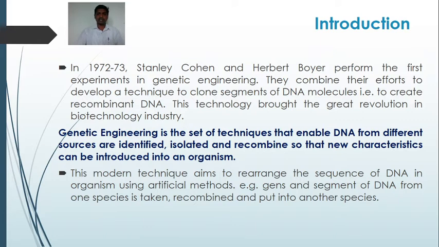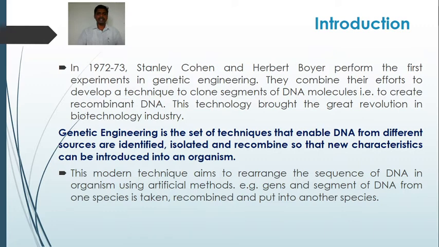Such a foreign gene from a different source gets recombined with the cotton genome to produce recombinant DNA, which the cotton plant carries, so it possesses new characteristics. So genetic engineering is the set of techniques that enable DNA from different sources to be identified, isolated and recombined so that new characteristics can be introduced into an organism.